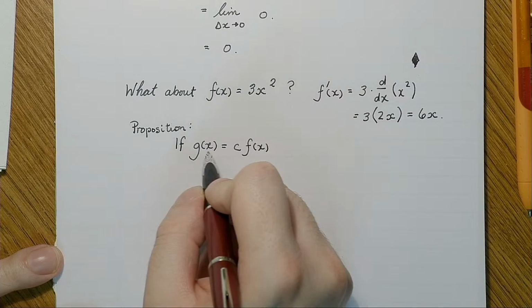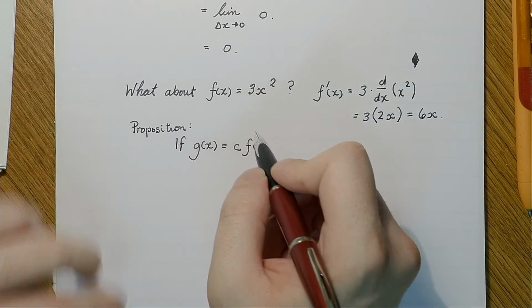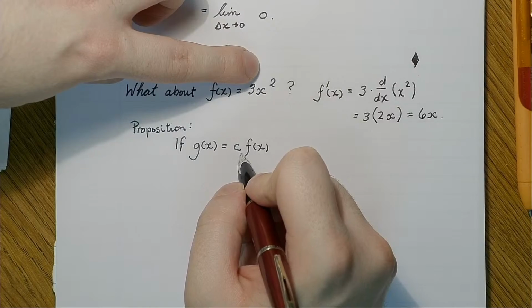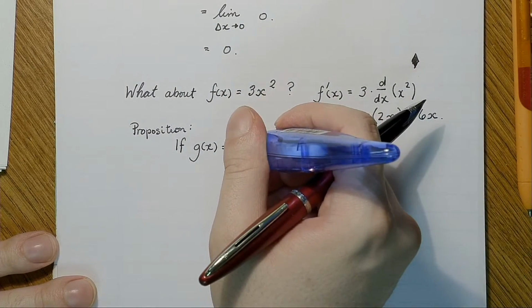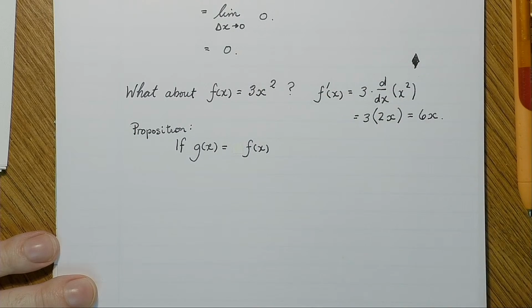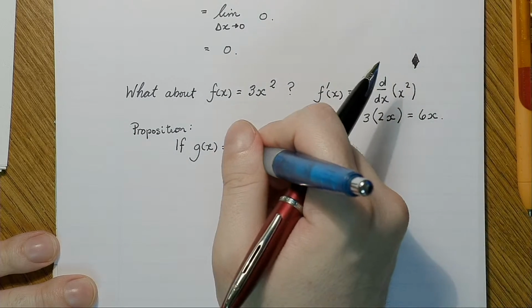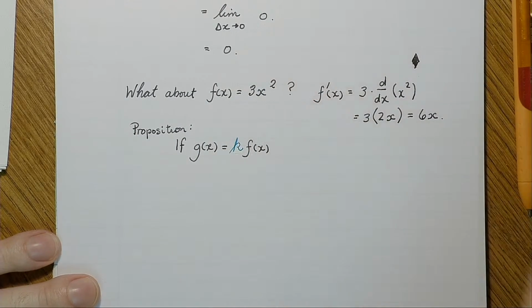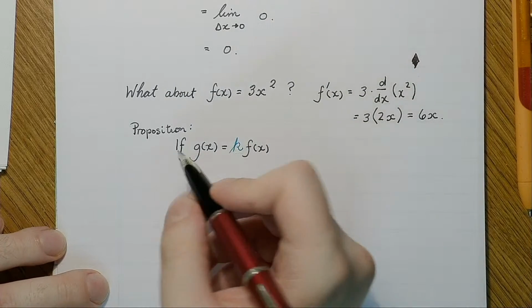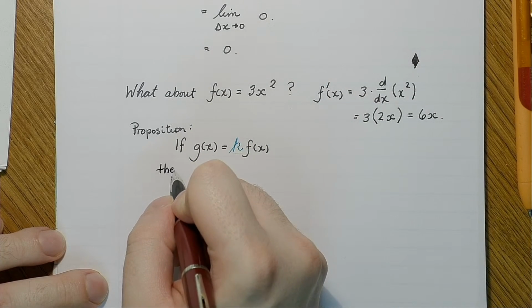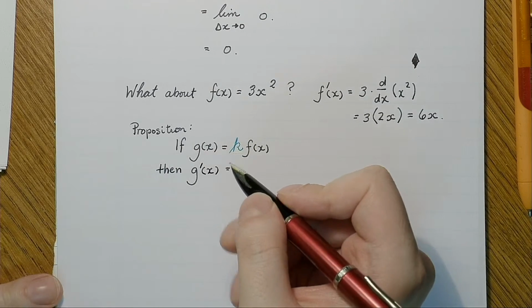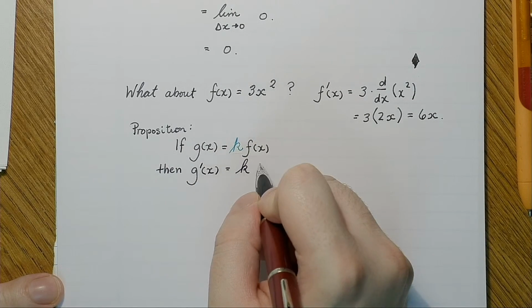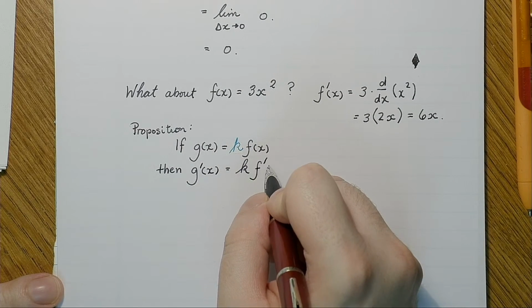That if I have this function that's made up of a number c, or sorry, I've been using k in these lecture notes, so I'll use k, then the derivative of that, it'd be nice if it was k times the derivative.